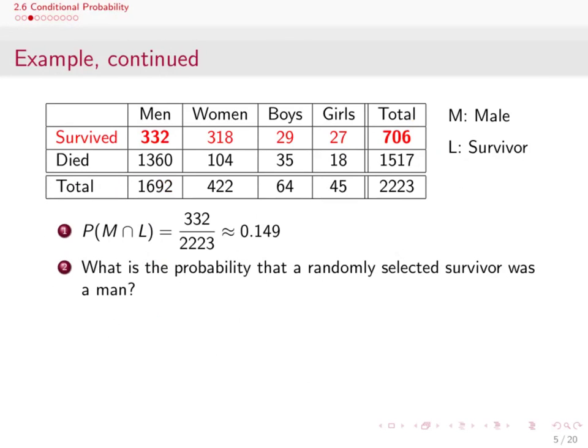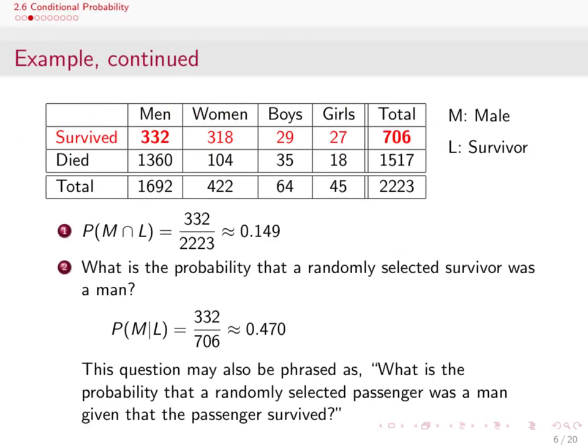Next, we ask, what is the probability that a randomly selected survivor was a man? In order to answer that question, what we're looking for is first isolating the survivors, so we focus only on the row corresponding to survivors, and we notice that there are 332 men out of the 706 total. Now, you'll notice that I've used a slightly new notation here.